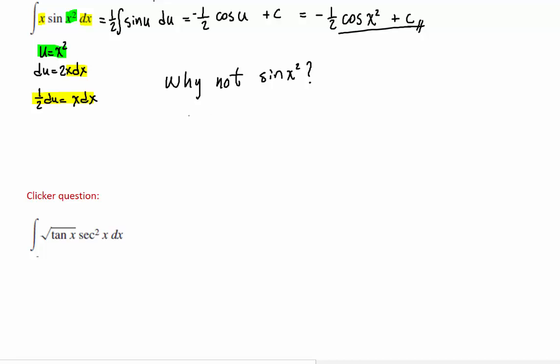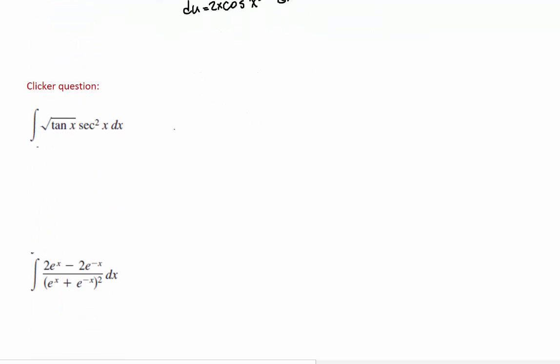Well, that would be because if you do that substitution, du, the derivative of the sine, would be cosine of x squared times the derivative of the inside, 2x, and then dx. So I don't see any cosines here, so that would cause a little bit of trouble. So that's why you would not want to do that. So that's the answer.